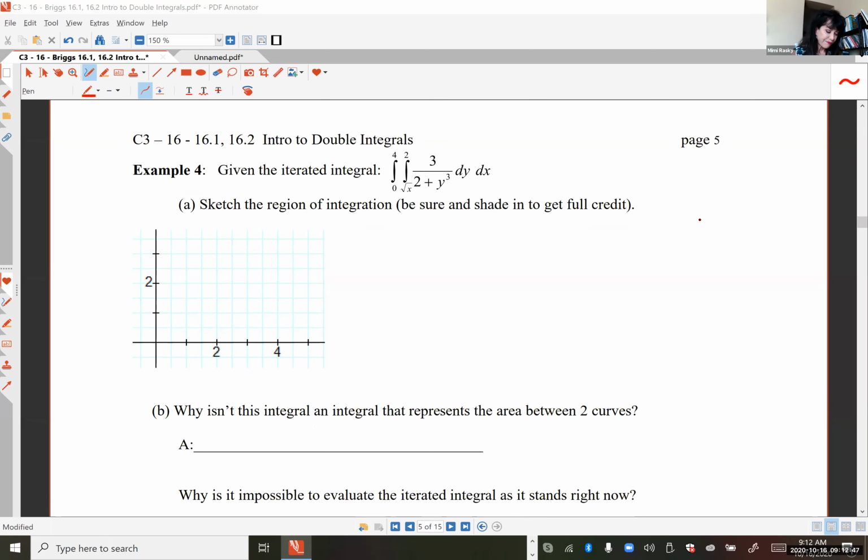Okay. Given the iterated integral, which is this, I'm going to do this problem and then you're going to do the next one. So pay attention because I'm going to put you in breakout rooms soon. Do you notice that the integrand is not a 1? Yes. That means that this double integral does not represent the area between two curves.